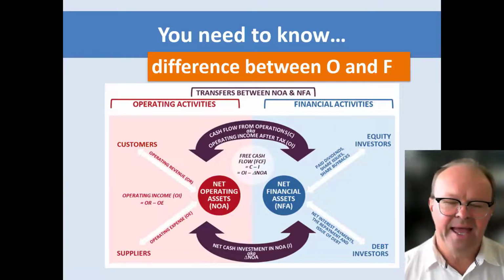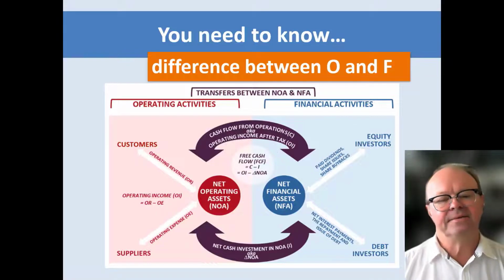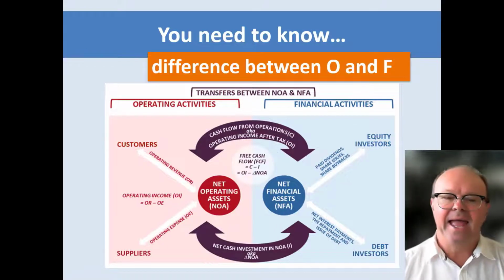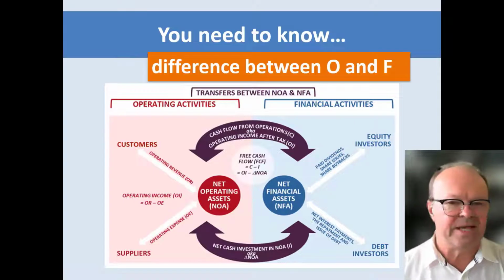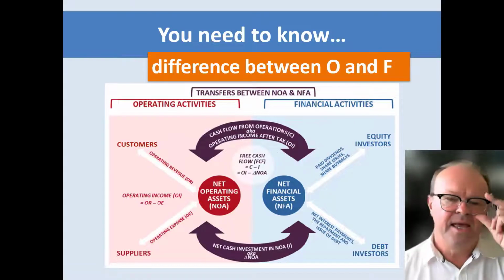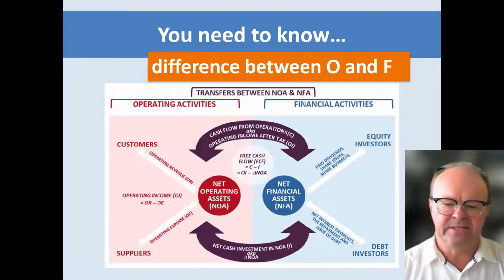Ryman Healthcare has more than $1 million of operating expenses every day, including Christmas, every day. So there's all this activity going on in our firms with the suppliers and the customers. That's the operating activities.